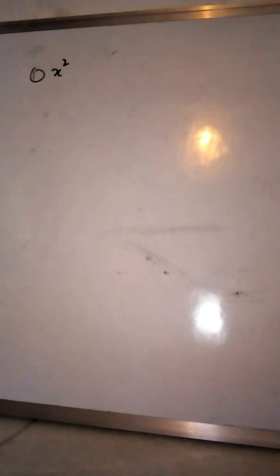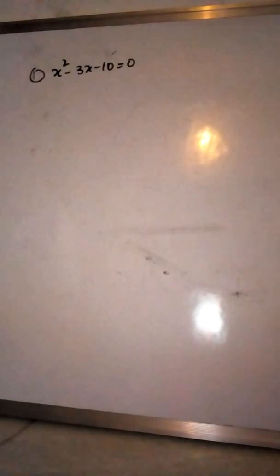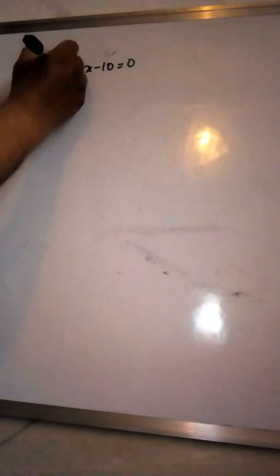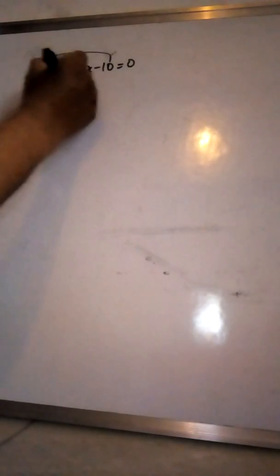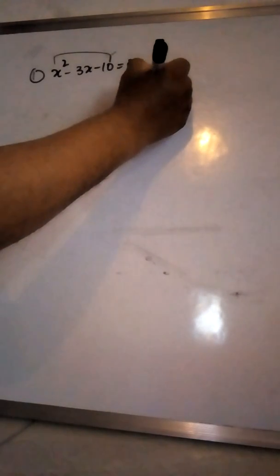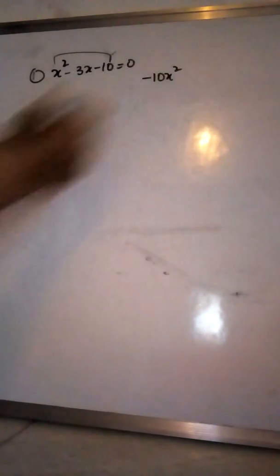First one, x square minus 3x minus 10 is equal to 0. So here we'll multiply the square term with the constant term, so we'll get minus 10x square.